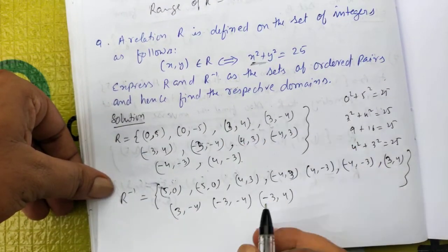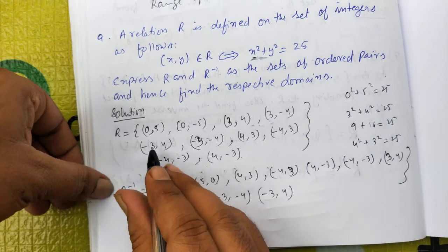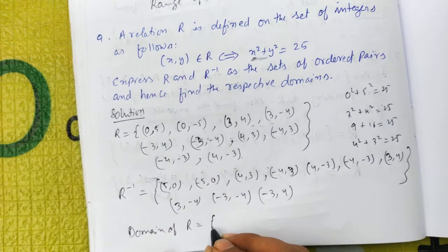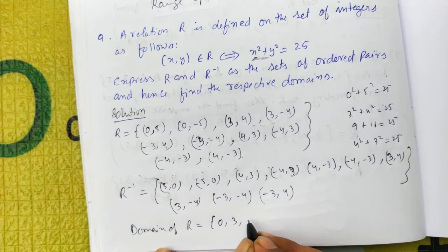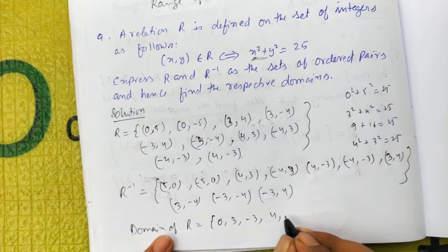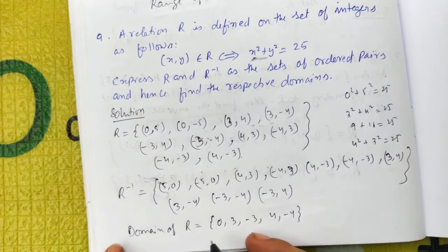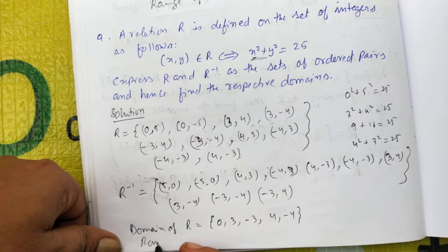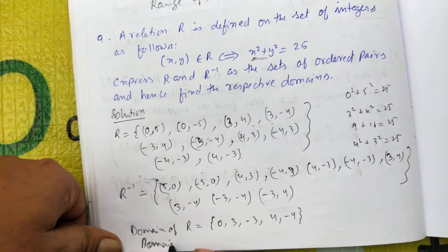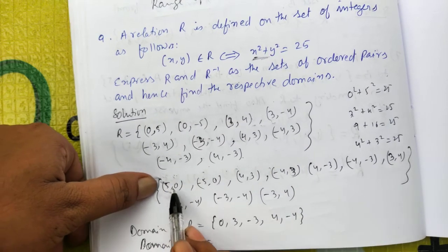Hence find the respective domains of R. The first element, I can write 0, 3, minus 3, 4, minus 4. And domain of R inverse, I can write 5, minus 5.